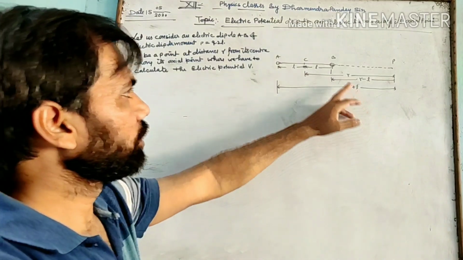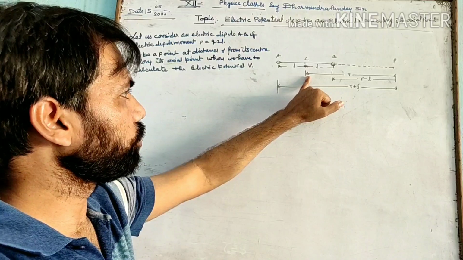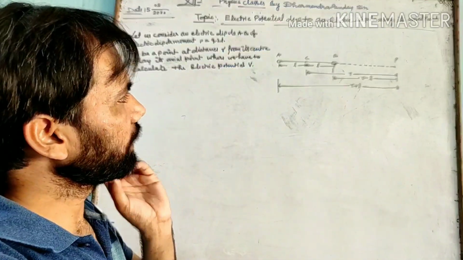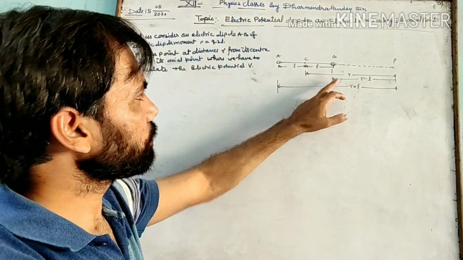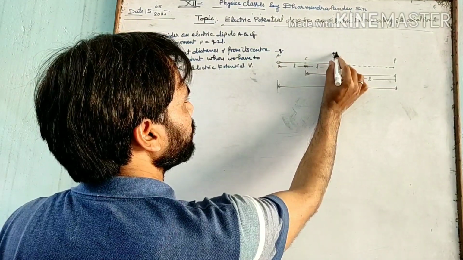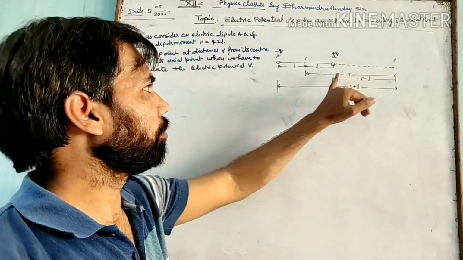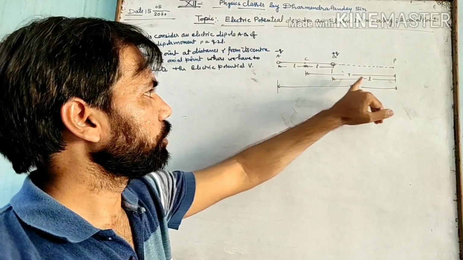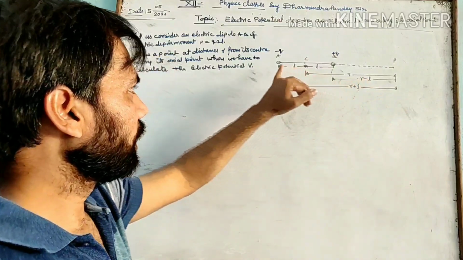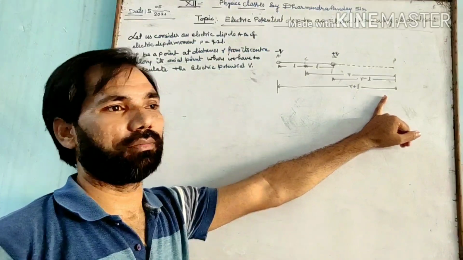In the figure, point P lies at a distance r from the center of the electric dipole. This one is the minus q charge and this one is the plus q charge. So the distance of point P from the point charge plus q will be r minus L, and from the minus q point charge it is r plus L.